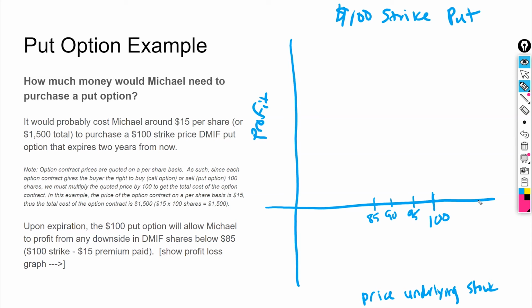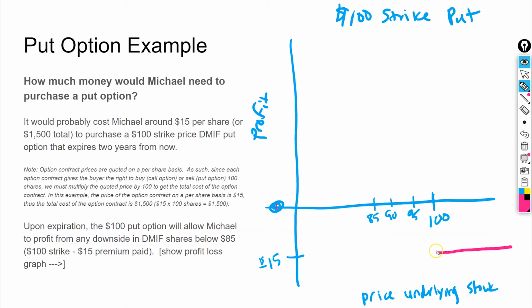Okay, so let's do this profit loss graph. So we know anything above 100 is going to be in negative territory, profits. So if this is the zero line here, right? I'm being a stickler about my graph. So we paid $15 per share premium, right? So you're going to lose $15 at any price above 100, right?